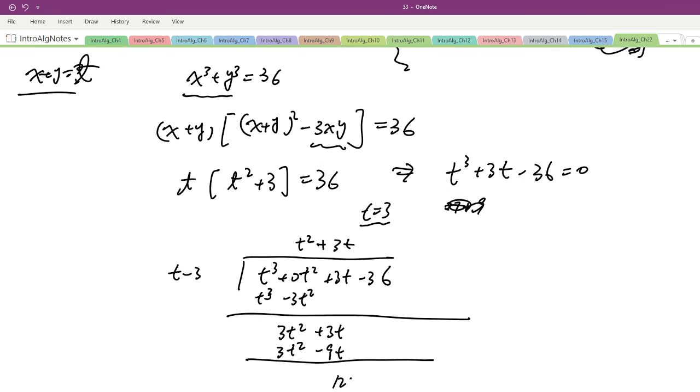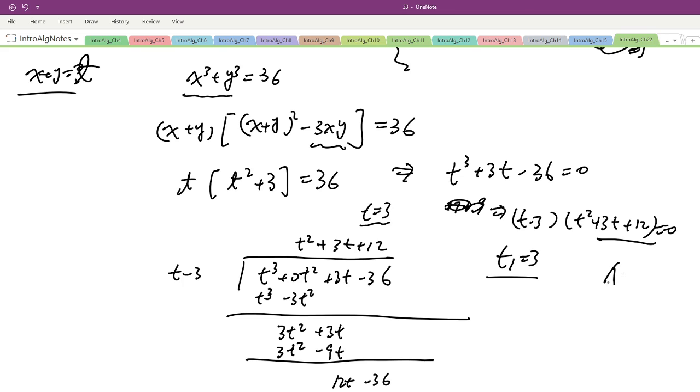Okay, it's 12t minus 36, so it's plus 12. So this is the answer. So we can reduce this to t minus 3 times t squared plus 3t plus 12 equals 0. So we have t1 equals 3. For this part, you can see delta is 9 minus 48, less than 0. So there is no real solution. So the final answer, x plus y, is equal to 3.